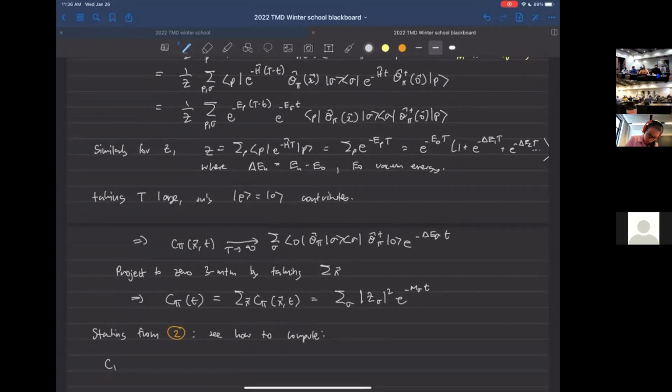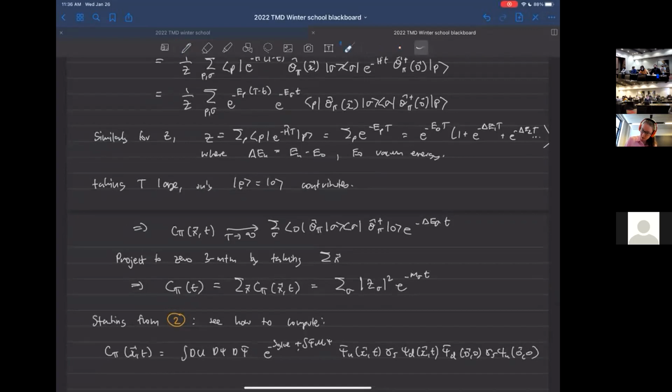So let's just remind ourselves of that path integral expression. Here I'm writing out the interpolating operators explicitly. Okay, so we have our U and our D quark fields here.